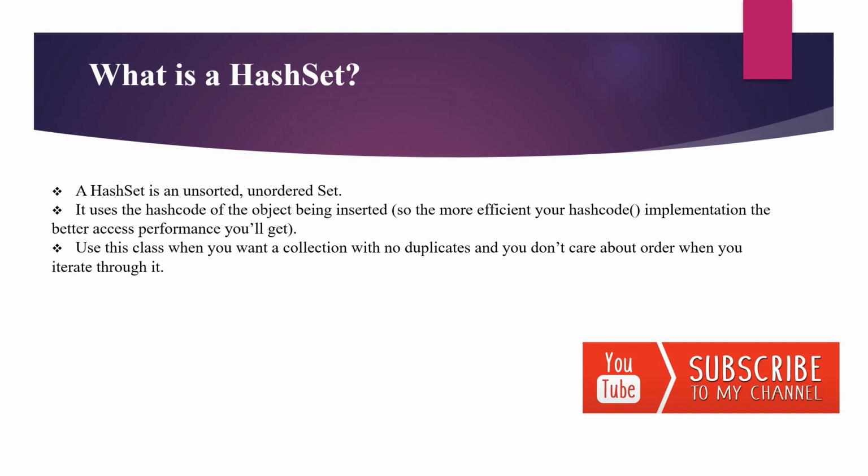So under Set there's HashSet, TreeSet, LinkedHashSet, and EnumSet. The first one is HashSet. A HashSet is an unsorted and unordered set. It uses the hash code of an object being inserted, so the more efficient your hash code implementation, the better access performance you will get. Use this class when you want a collection with no duplicates and you don't care about the order when you iterate through it.